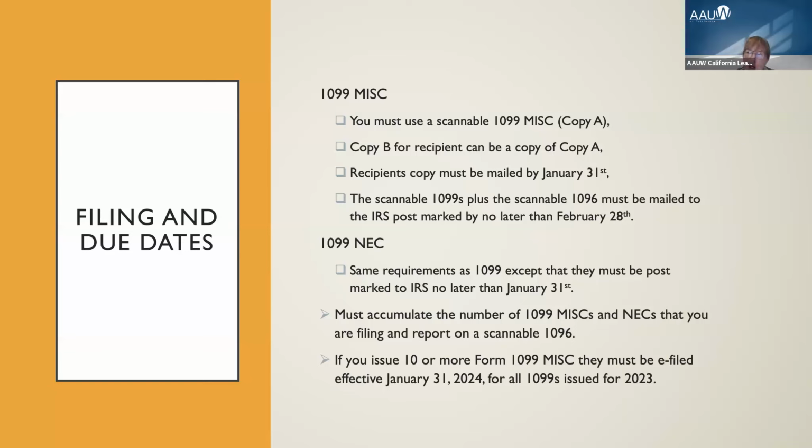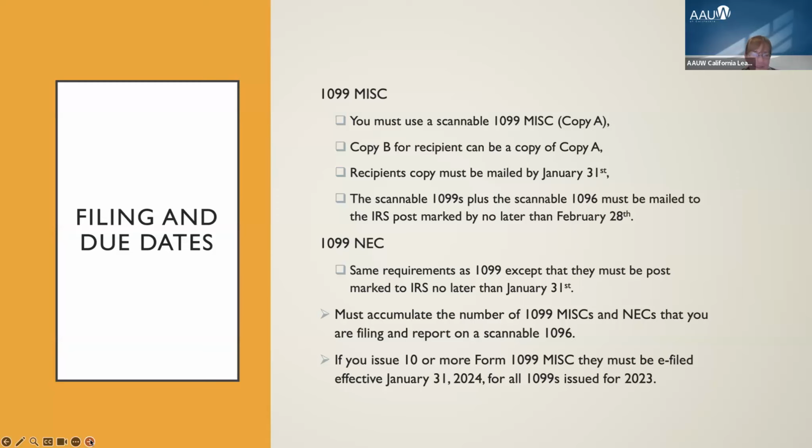Now you're probably going to hope you don't issue more than 10 of these, because if you issue more than 10 of them, you have to e-file, effective January 31st, 2024, for all 1099s issued in 2023. So I don't think many of you would have that.